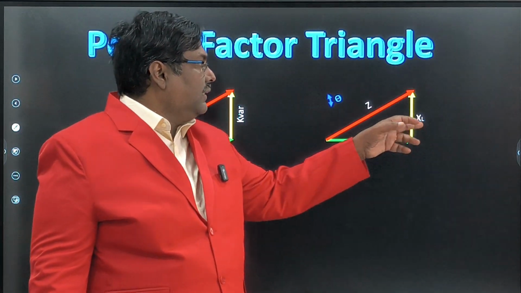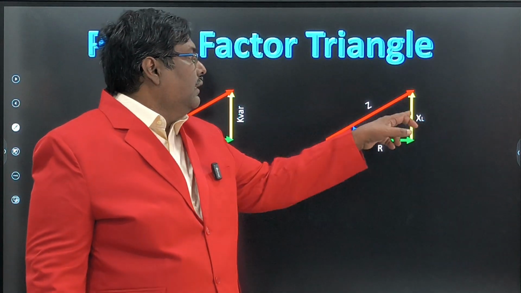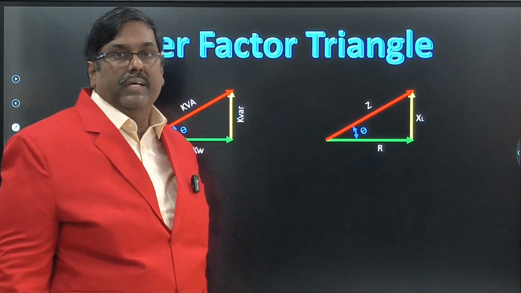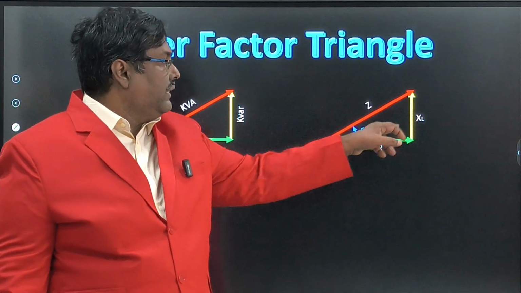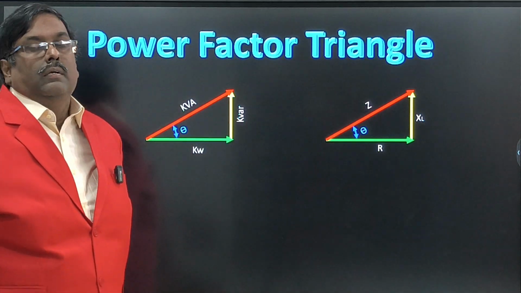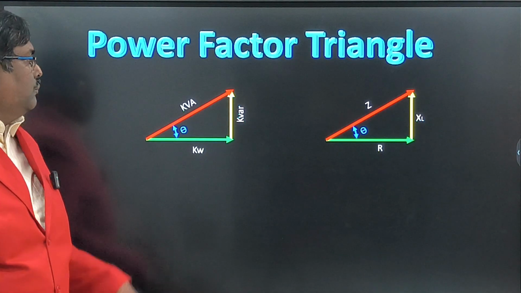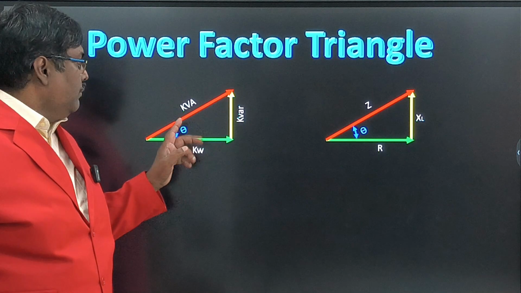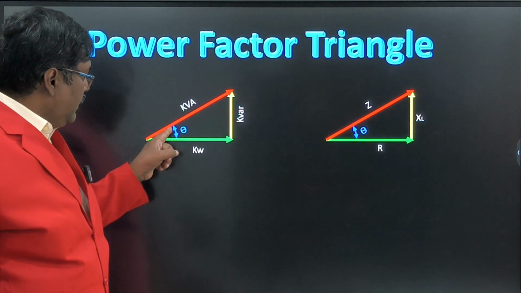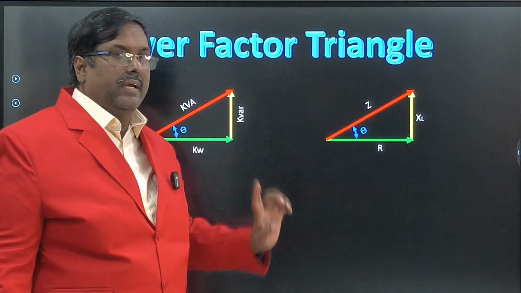I put inductive reactance, but you can put any reactance. Z is the impedance, the total phasor addition of resistance and reactance. The same phase angle applies here also.